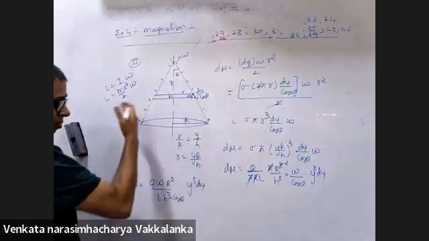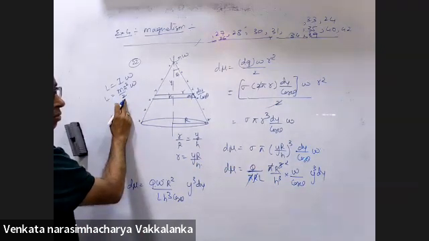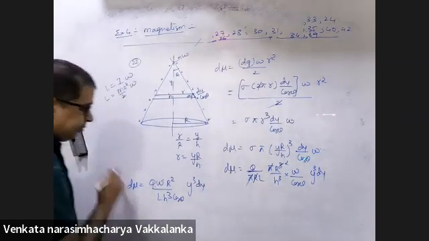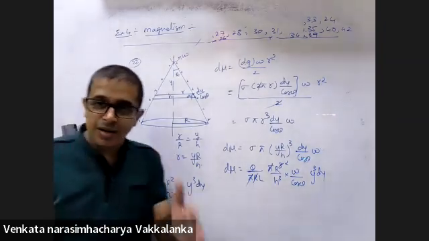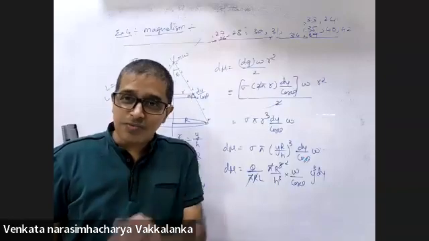R by H is tan theta. Sir, R is equal to h tan theta. Write R is equal to H tan theta, don't derive it.